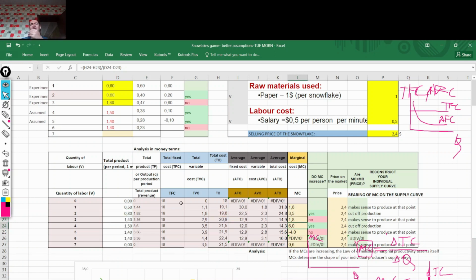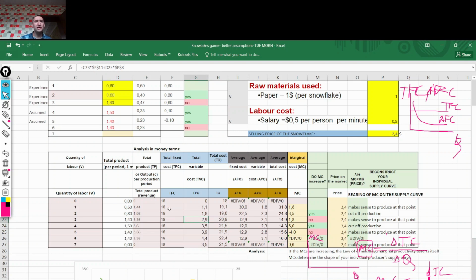You may ask why we have three types of total costs, three types of average costs, and just one type of marginal cost. How come? Well, the answer is that for total costs to change, the total cost being the sum of the fixed costs and the variable, just notice the fact that the variable costs are the ones changing.